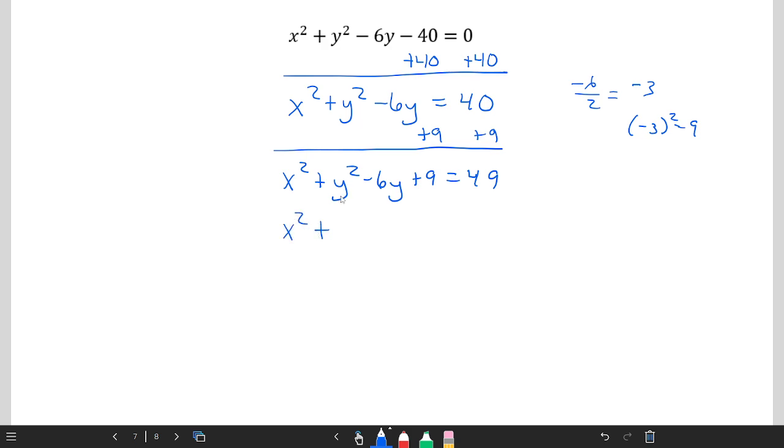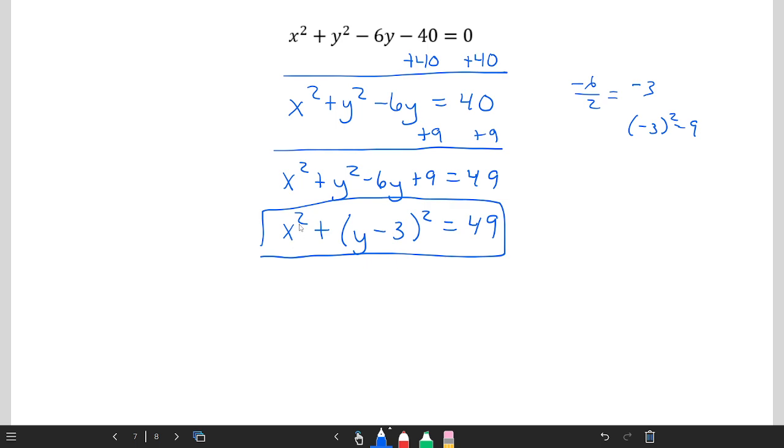And then the y part's going to factor as y minus 3 squared. And that's it. So since there was no linear term for x, what we have here is just x squared for that part of the formula. It's like we have x minus 0 squared essentially.